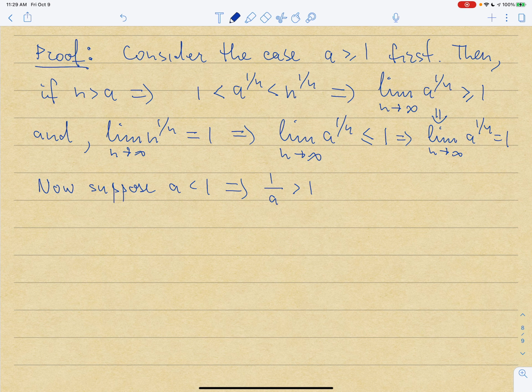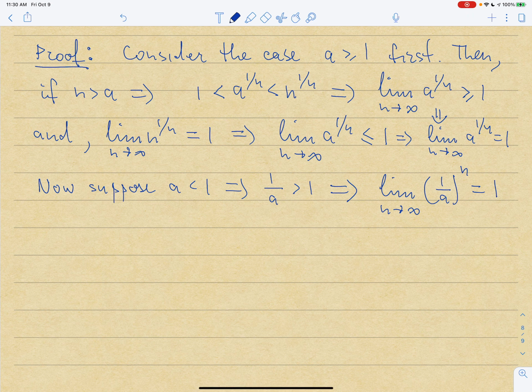And if 1 over a is greater than 1, then of course, from the first part, we know that the limit as n goes to infinity of 1 over a to the power 1 over n must be equal to 1 by what we have just shown.